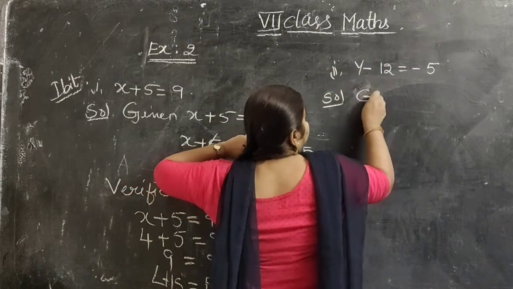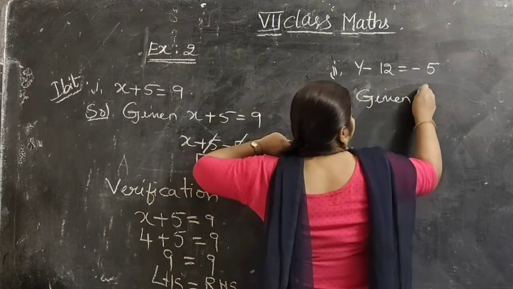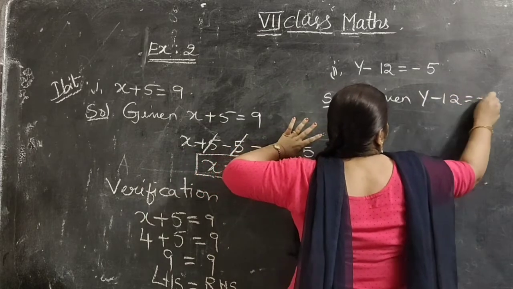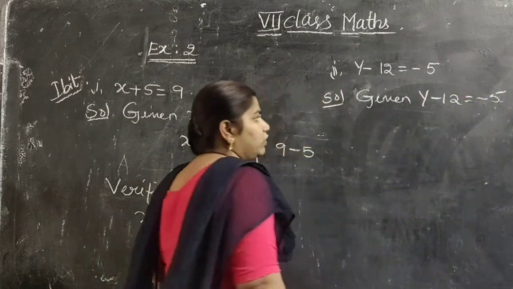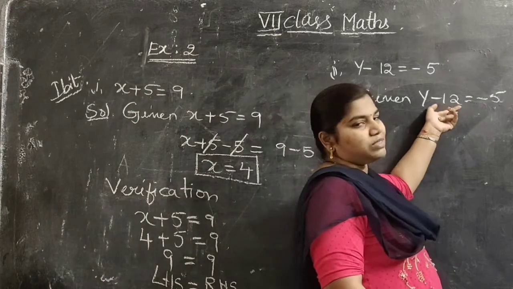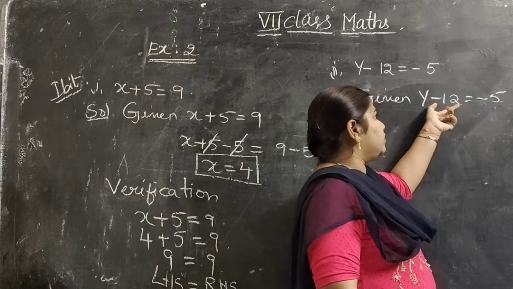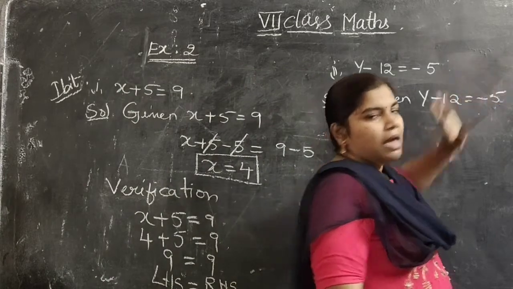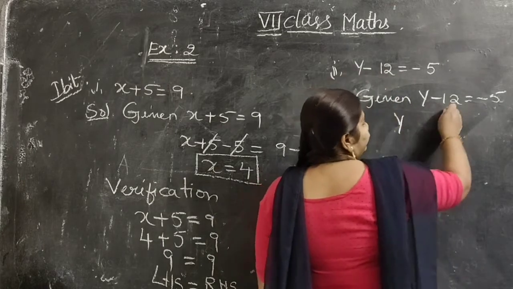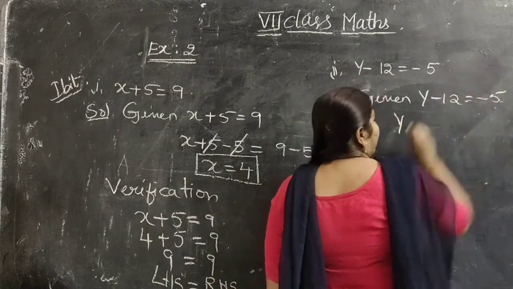Solution: y minus 12 is equals to minus 5. Which value do we have to eliminate? We have to eliminate this minus 12. What is the opposite value for minus 12? That will be plus 12. So add plus 12 on both the LHS part and the RHS part.